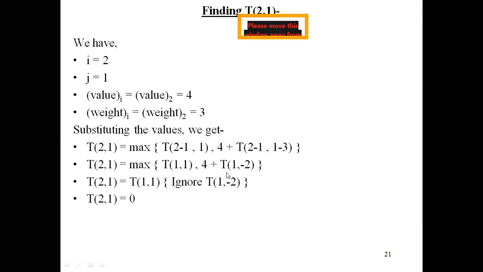T of minus 2 we are ignoring since that is a negative value. So we need to take T of 1 comma 1. T of 1 comma 1 is 0. From the table we can see second row first column, that is 0.